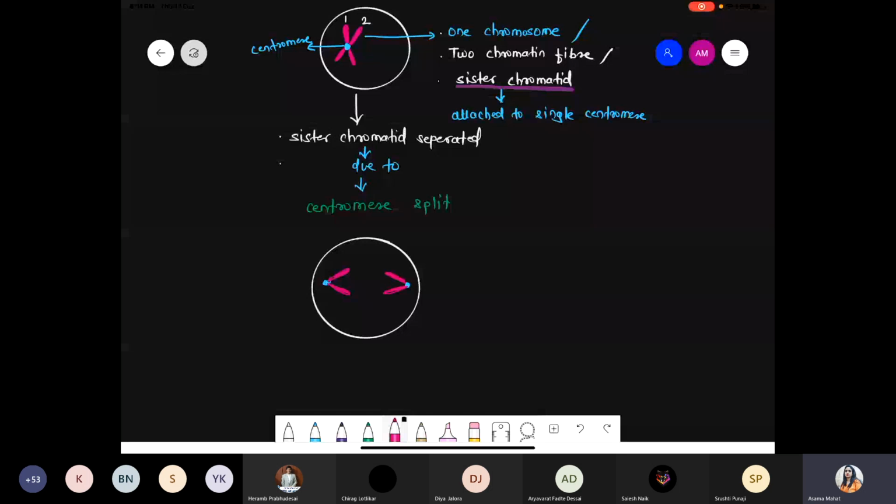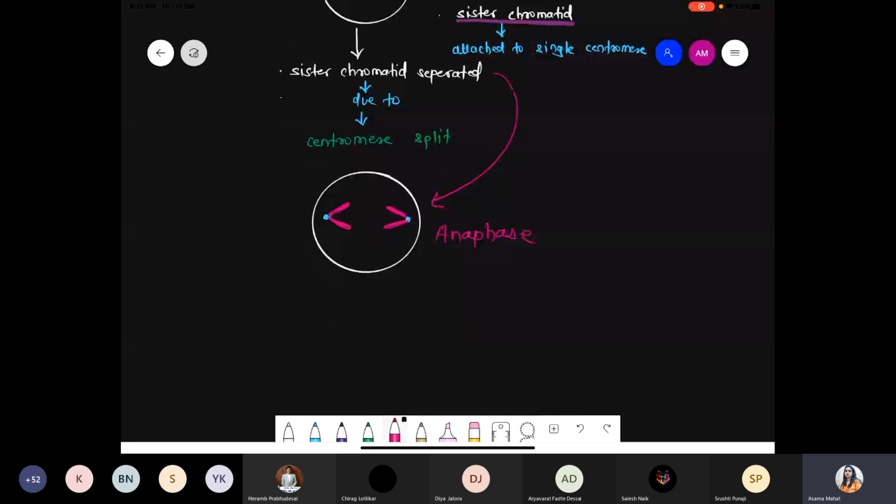So now simply we can say that sister chromatids get separated. But once there is a separation, ये separation कब होगा? This separation will occur during the anaphase, because during the anaphase, sister chromatids get separated. The chromatids start moving toward two opposite directions. But now once there is a separation of the sister chromatids, now each side of the chromosome, each side, because ये दो पार्ट होगा. आगे क्या होगा देखो, जैसे सेल एंटर करेगा into telophase, now they can form two cells like this.